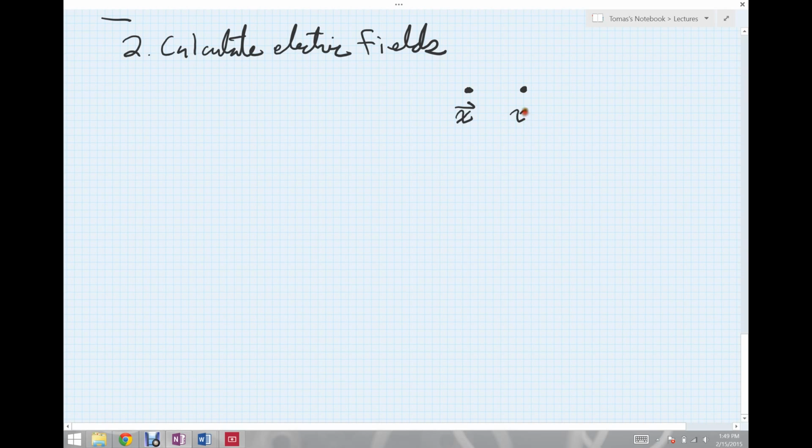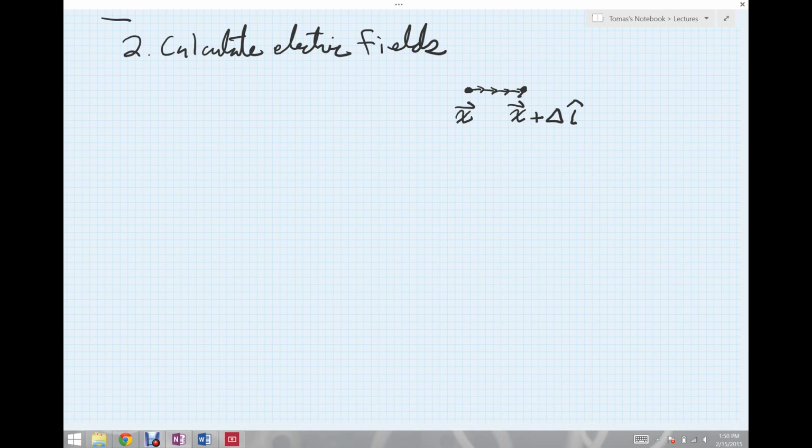So the new location will be my original location plus a displacement of size delta, but it's going to be, say, along the x-axis in my first example. So it's going to be multiplied by a unit vector I hat. So what I'm going to be doing then is calculating this potential difference as I go from x to this location, x plus delta. Very good.